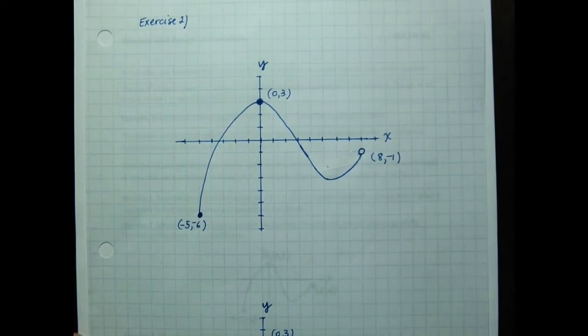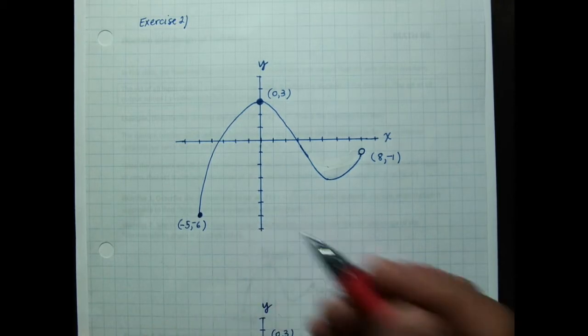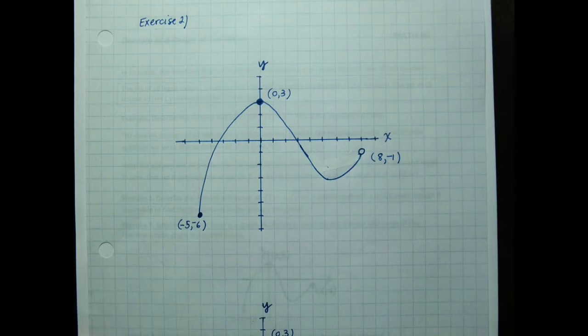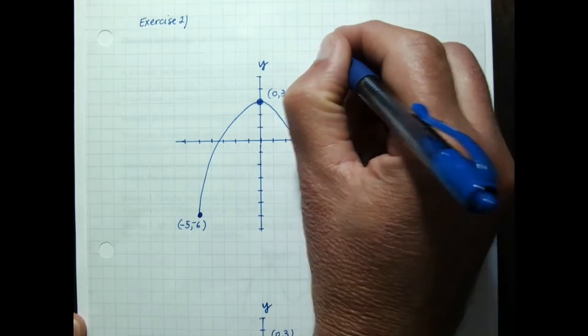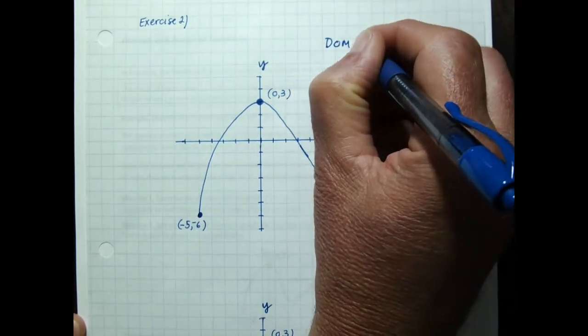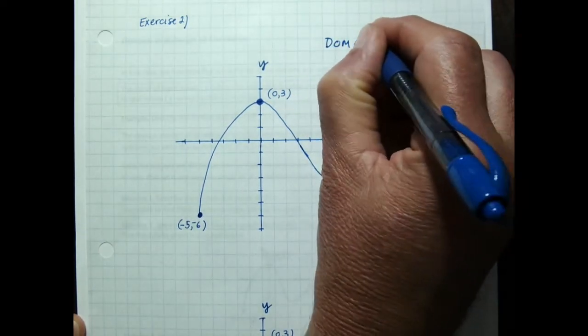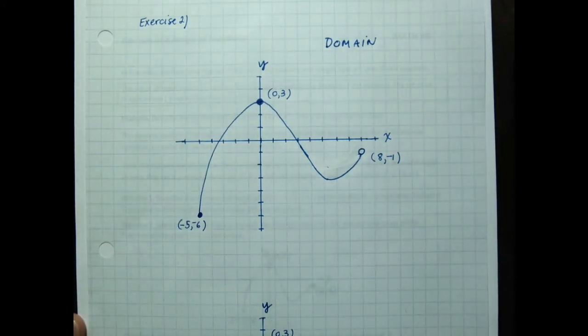And we're going to go through the same process that we went through in the previous exercise here. So first we're going to describe the domain. We want to describe the set of all x-coordinates of points on the graph.